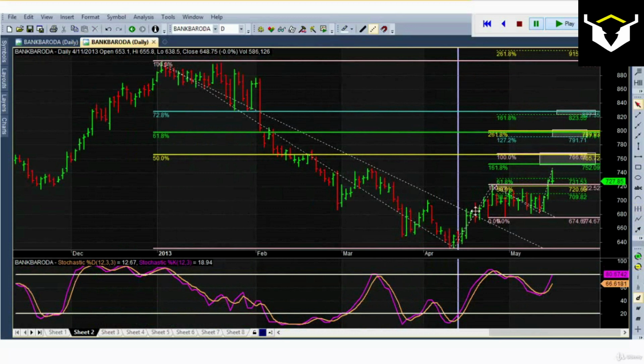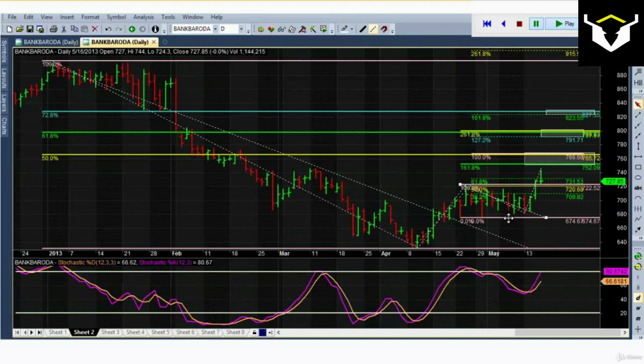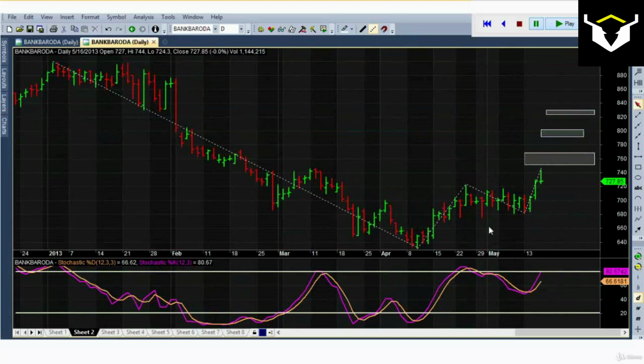Then we have plotted an extension of wave B. And third one, we have plotted extension and ratio of wave A from the bottom of wave B. So I'll clear these things out. So we have these three important price clusters. Let's go ahead and add some bars.